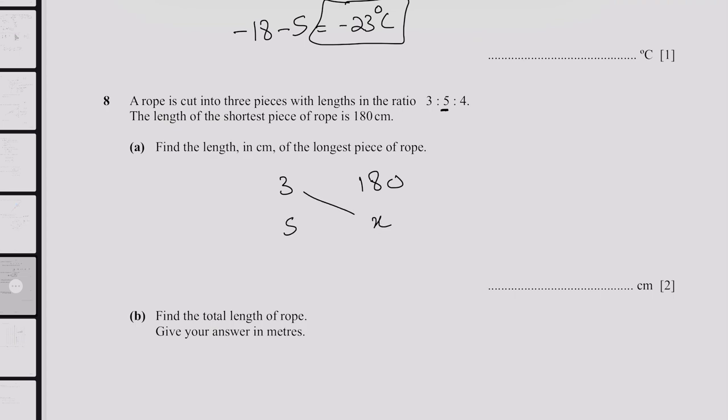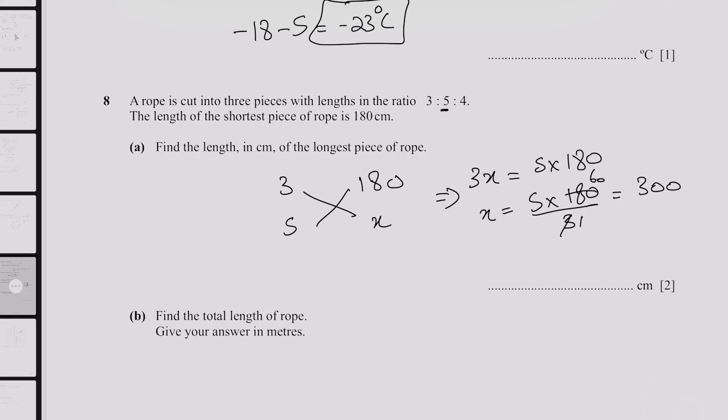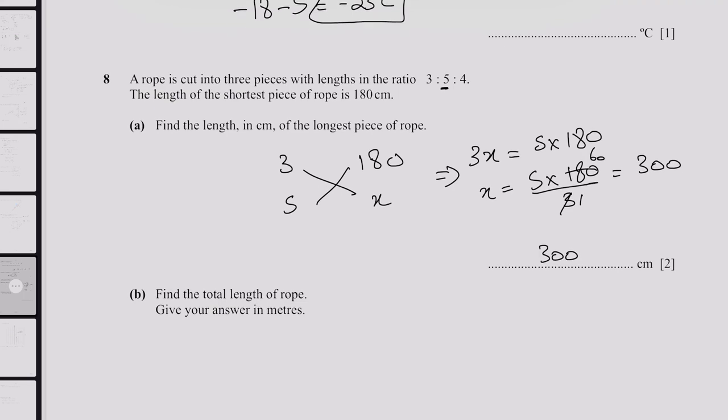So let's cross multiply this. 3x equals 5 multiplied by 180. x equals 5 multiplied by 180 over 3. 3 goes into 180 sixty times, and 5 times 60 is 300. So basically it's 300 centimeters, the length of the longest rope.